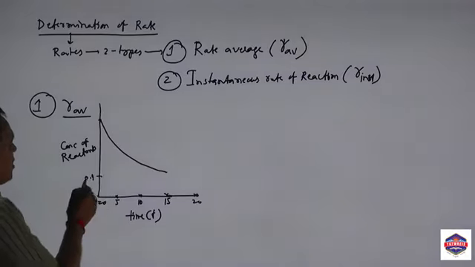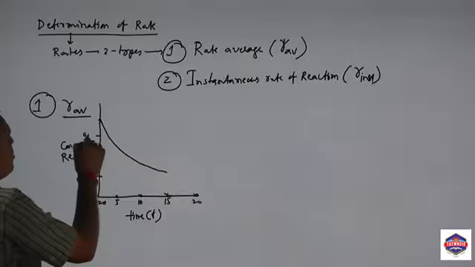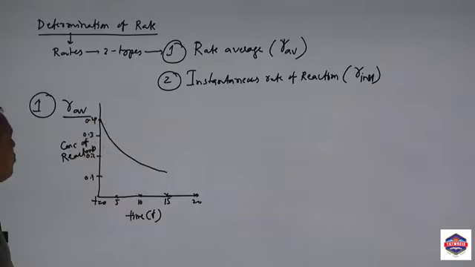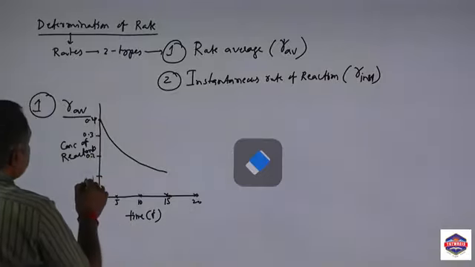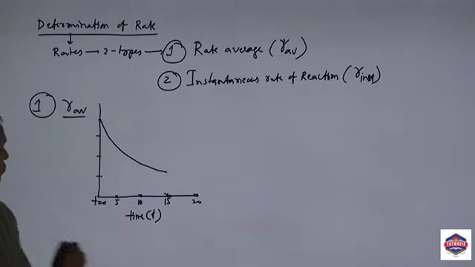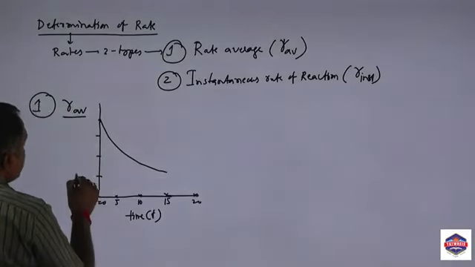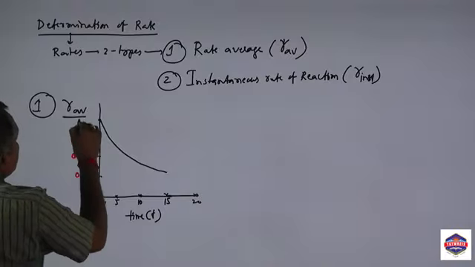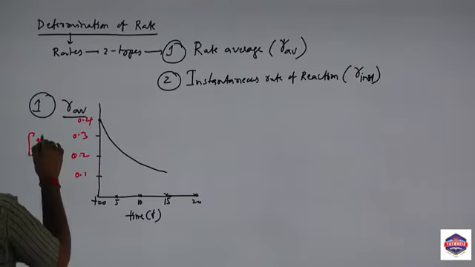If you assume this as 0.1, this is 0.2, this is 0.3, and this is 0.4 moles per liter.